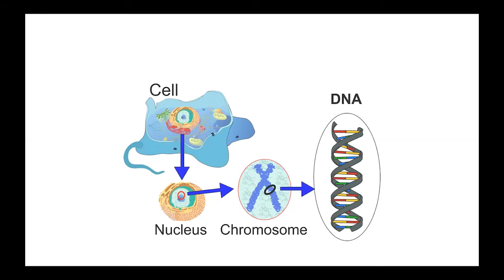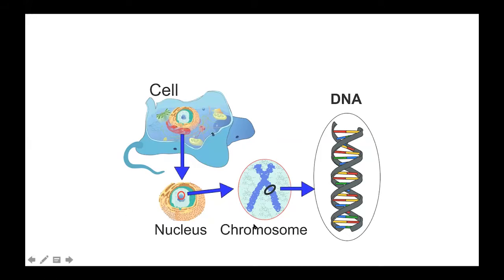Whereas eukaryotic cells have a specific nucleus, surrounded by a membrane known as the nuclear membrane. Exactly inside of the nucleus are located the chromosomes.